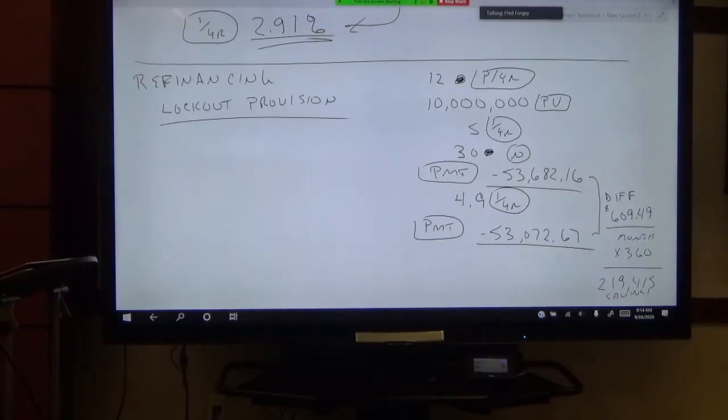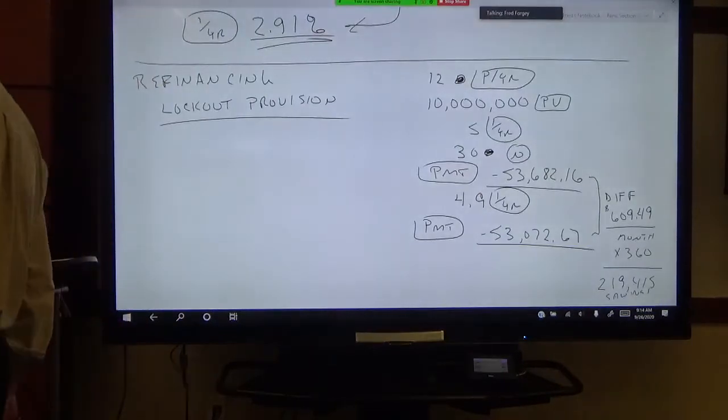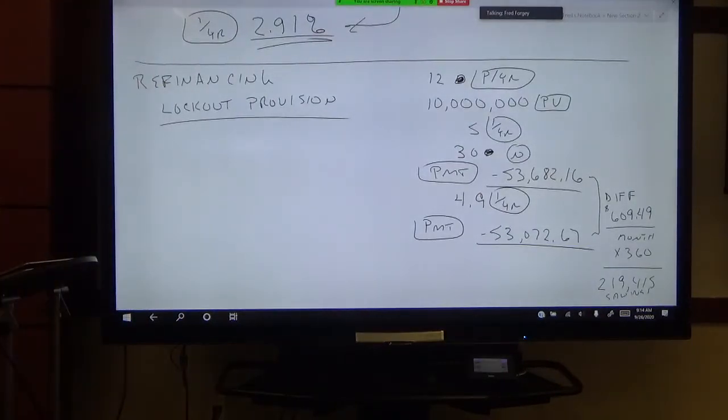Now, another aspect to this sort of refinancing is, it all comes down to, yes, you're trying to save as much money as you possibly can as the borrower, which, good on you, that's a wonderful ambition.